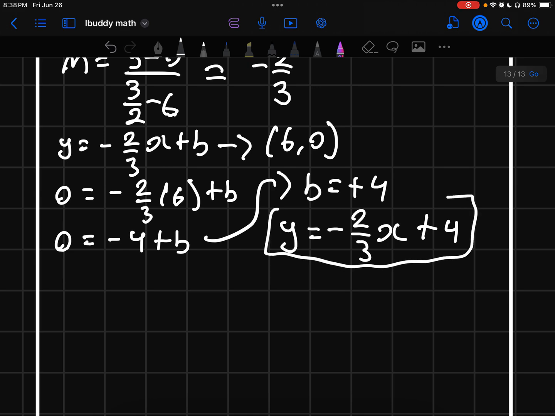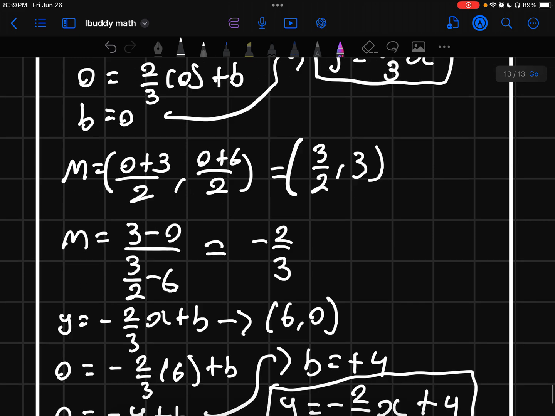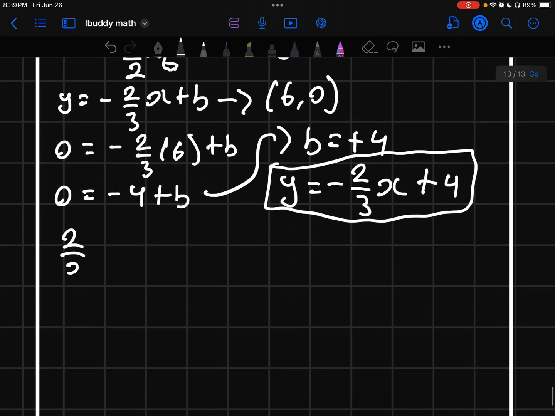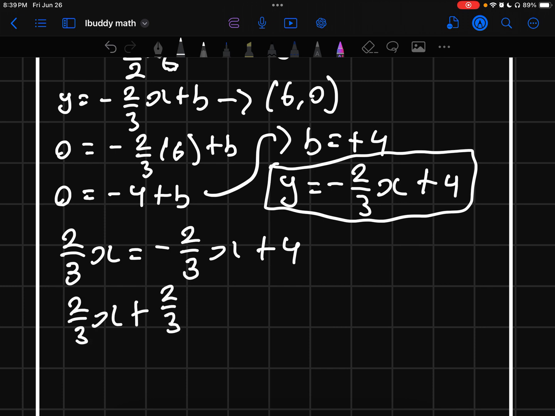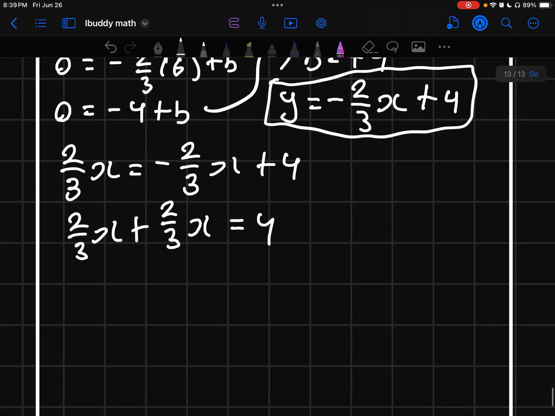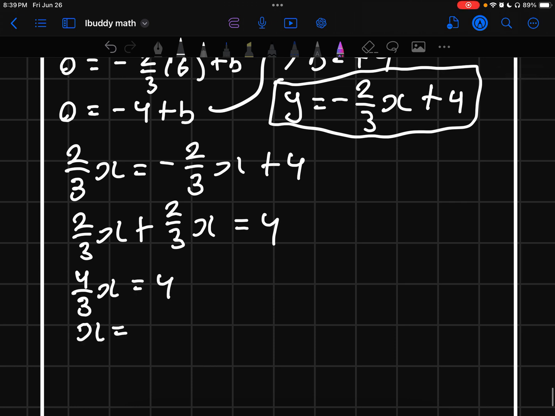Now that we have our two equations, we can set them equal to each other. So 2 over 3x is equal to negative 2 over 3x plus 4. 2 over 3x plus 2 over 3x is equal to 4. So that is 4 over 3x is equal to 4, and x is equal to 4 divided by 4 over 3, which is 3.